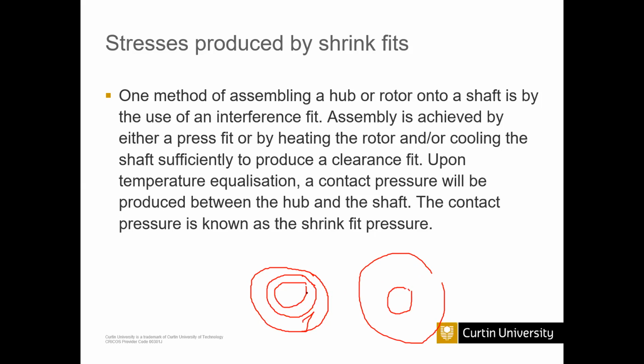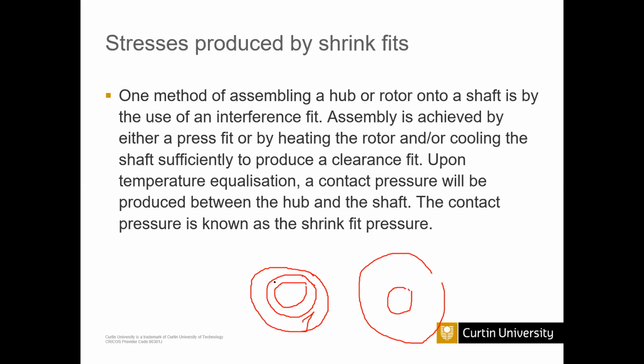There is an interface between these two cylinders. When they join these two cylinders, they use different kinds of techniques. Sometimes they heat up the outer cylinder and fit it onto the inner cylinder; sometimes they cool the inner cylinder and fit it into the outer cylinder. This is shrink fit.